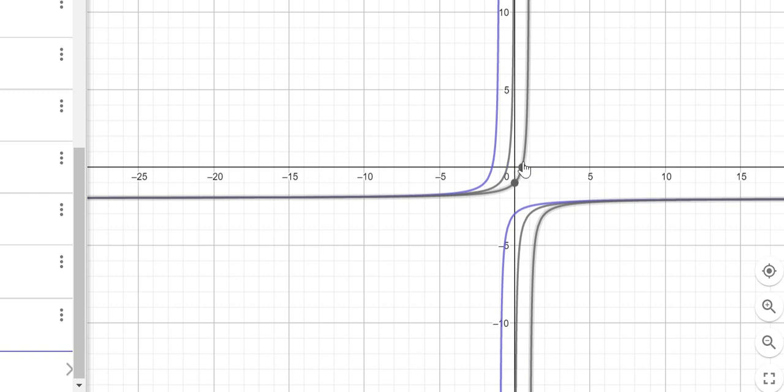It will move to the... we will discuss it. Let's make another one. 1 over x plus 5.